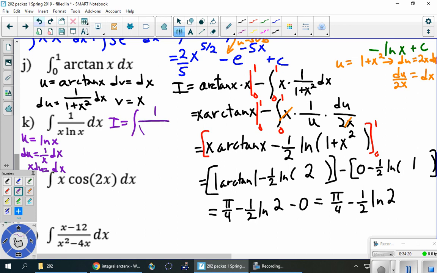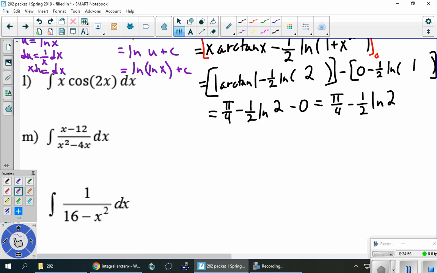Integral 1 over x is there, ln of x becomes u, dx becomes x du, and then good things happen. x's cancel, and we just get the integral of 1 over u du, which is just ln of u plus c, technically with absolute value around the u. And then we go back to ln of, and then instead of u, it was really ln of x. So this is ln of ln of x plus c.